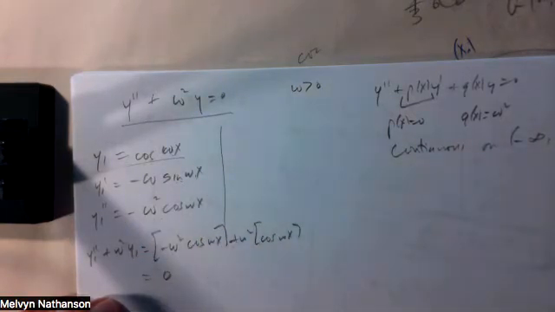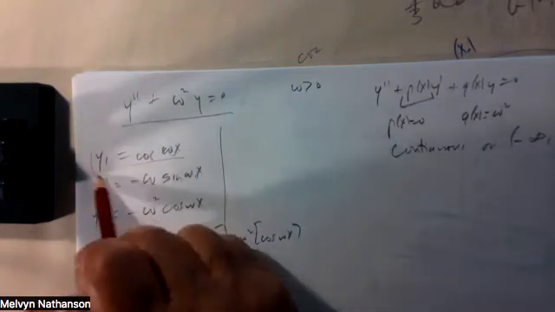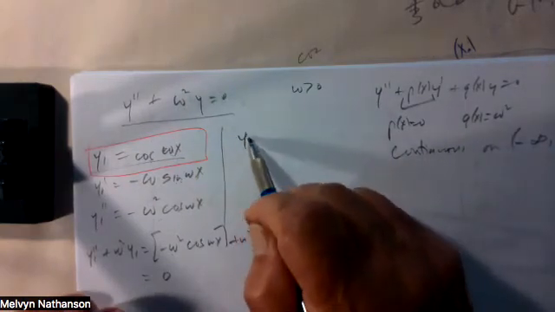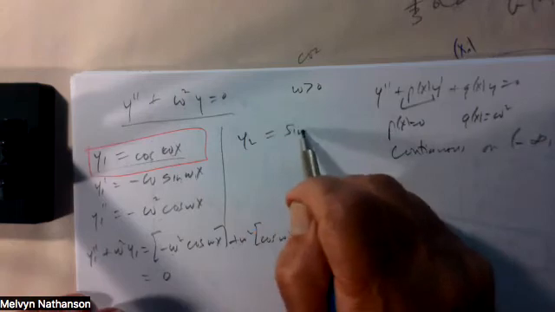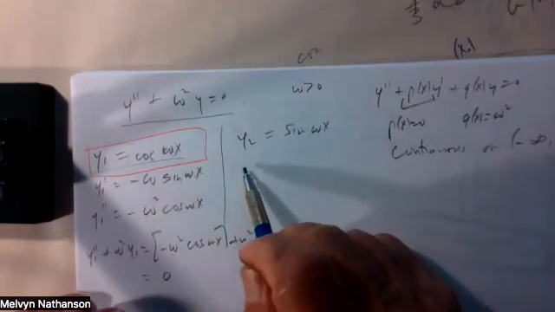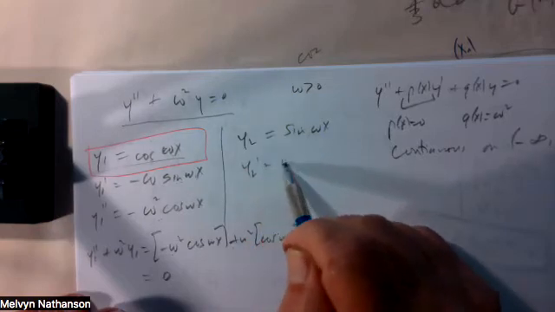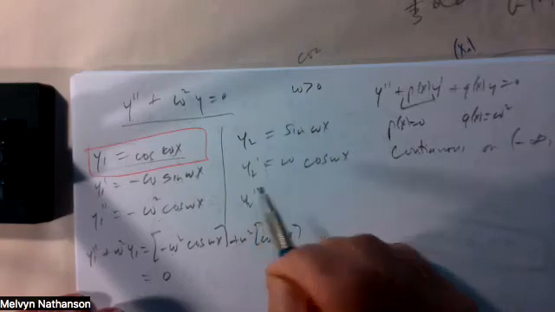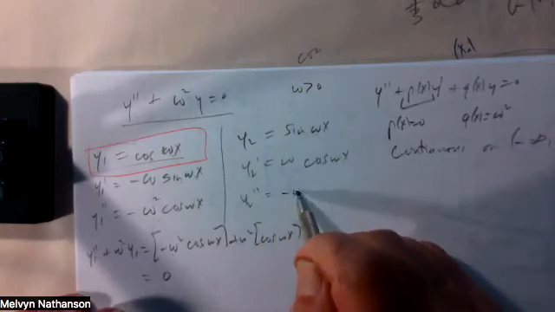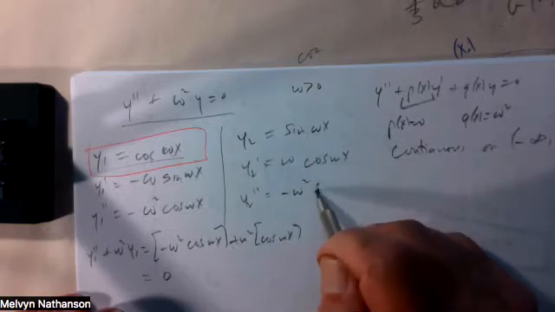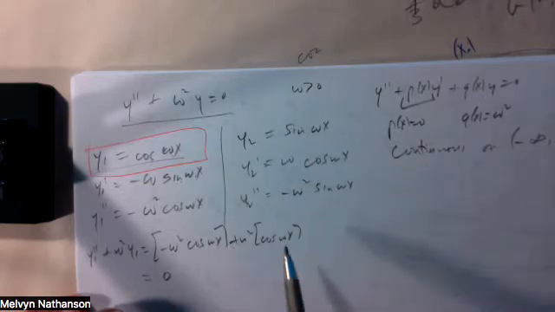So this is one solution of the differential equation. Another solution is y2 equals the sine of omega x. And we can check exactly the same way. Y2 prime is omega cosine omega x. Y2 double prime is minus omega squared sine omega x.